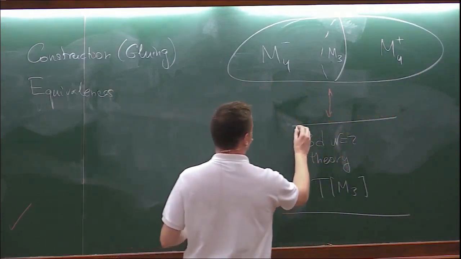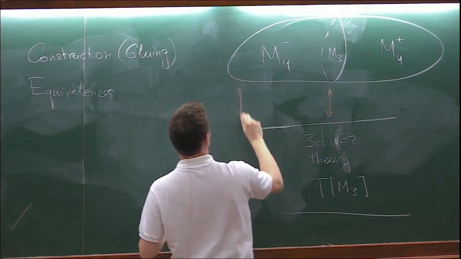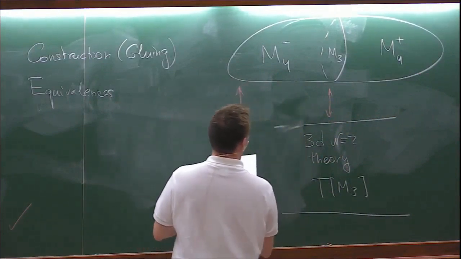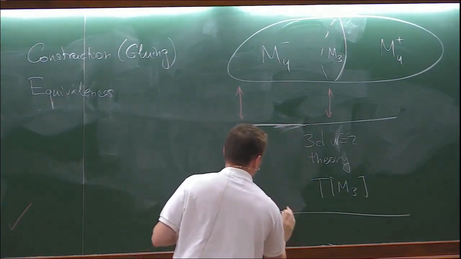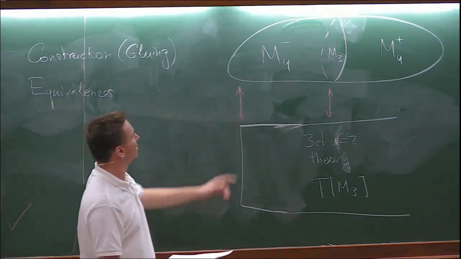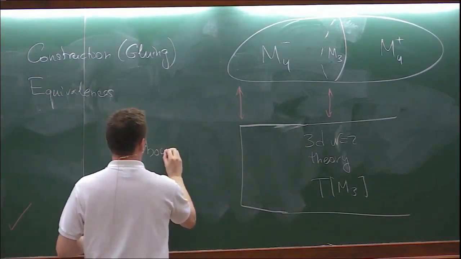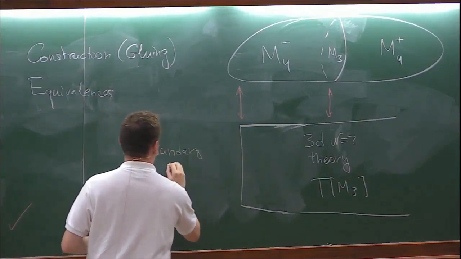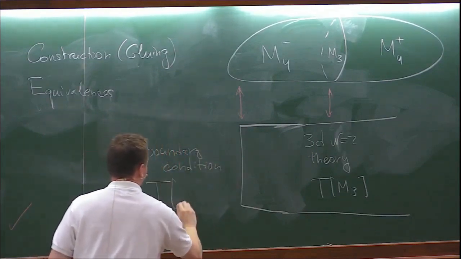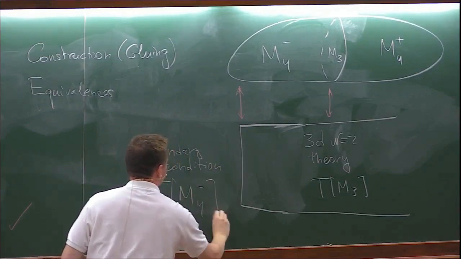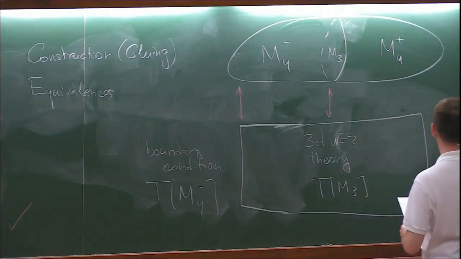So what's happening is that as you approach this boundary here, this dimension basically stops, and the information about M4 minus is encoded in a boundary condition which we can naturally call T[M4 minus] in this case, and T[M4 plus] on the other side.